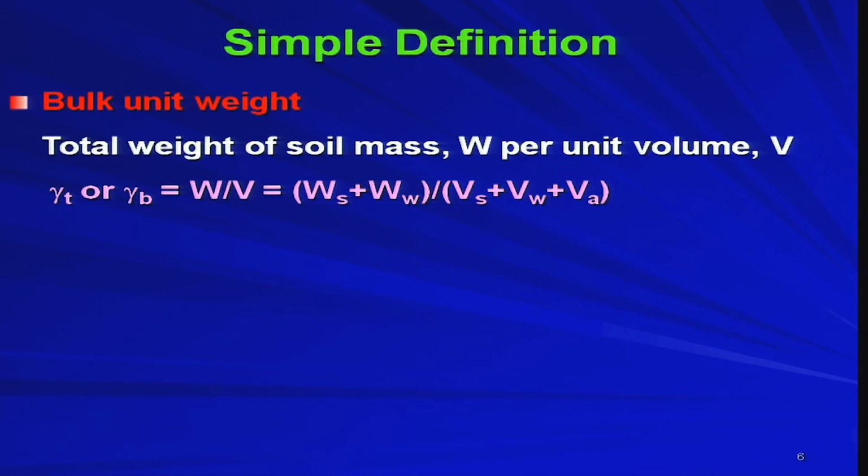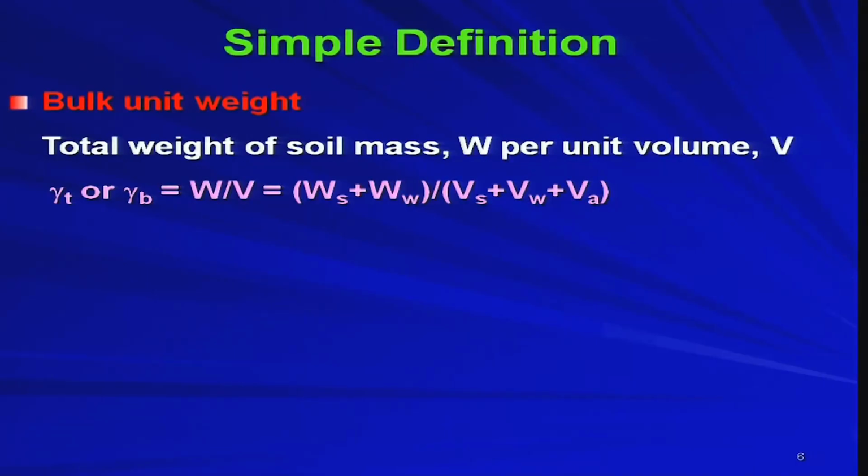Then coming to the bulk unit weight, a very important definition. It is the total weight of soil mass W, which is equal to Ws plus Ww if water is present, or only Ws if water is not present, per unit volume V. Unit volume means the total volume of the whole soil matrix system.